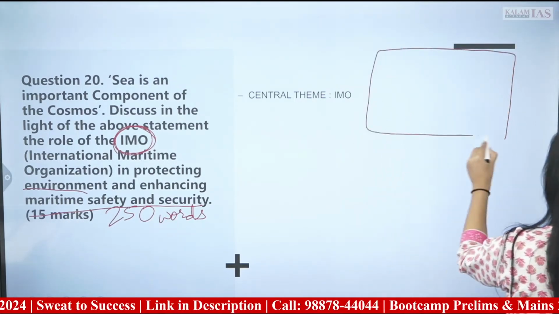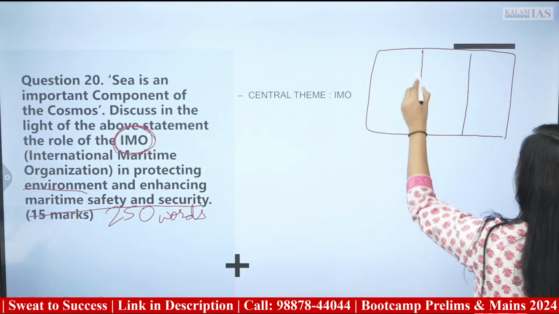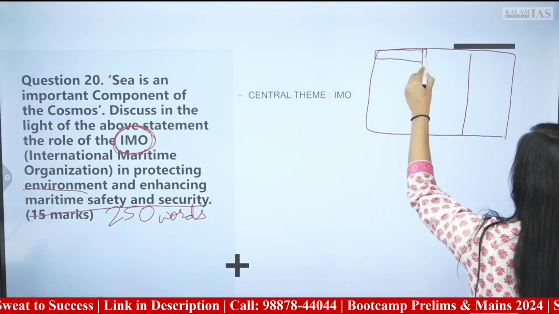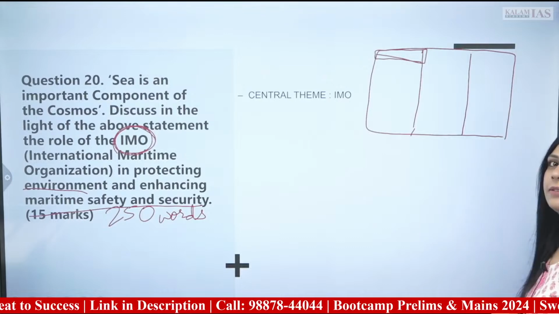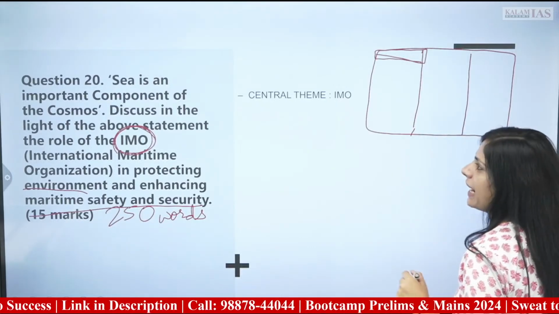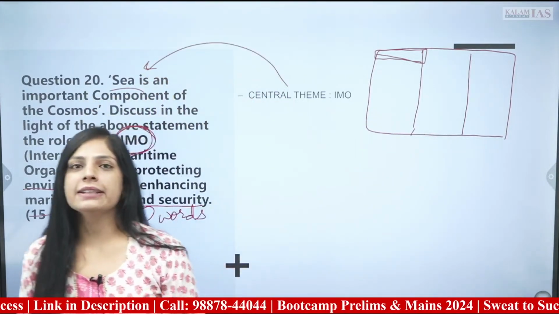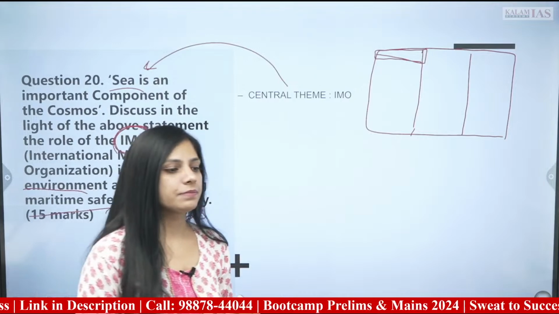How would you organize it into 3 parts? Till here your question would be there, right? A central theme is IMO, and we have also been given a statement regarding the importance of the sea.